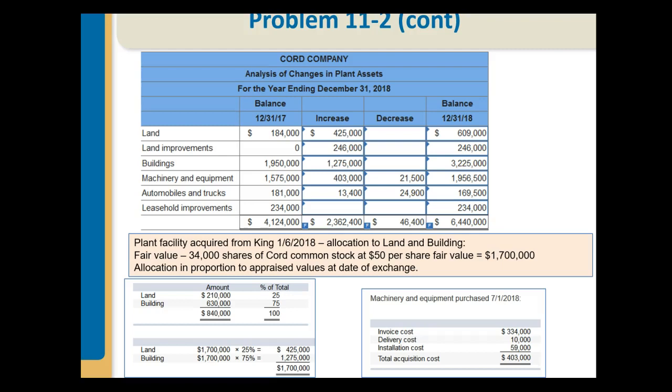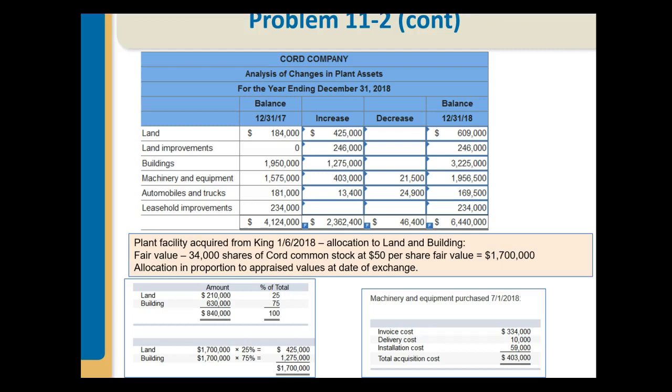We allocate each asset to the whole, so we know out of the $1,700,000, 25% will go for land, 75% will go for the building.